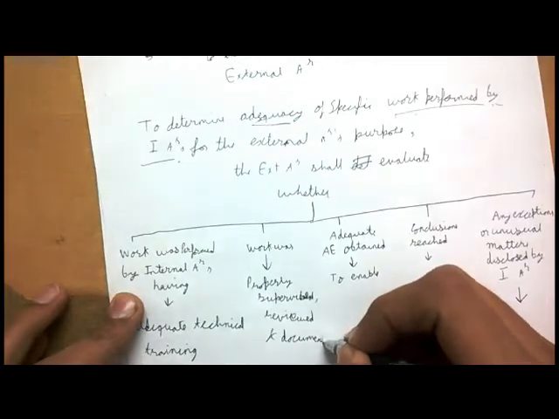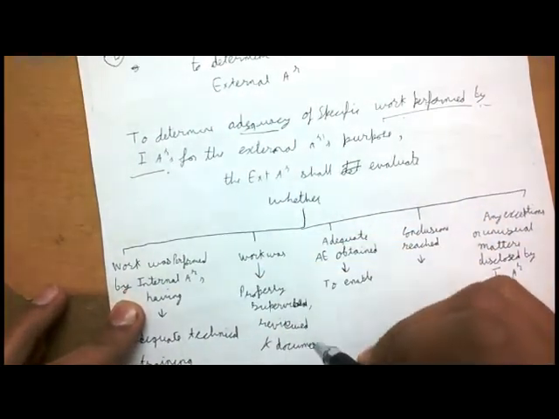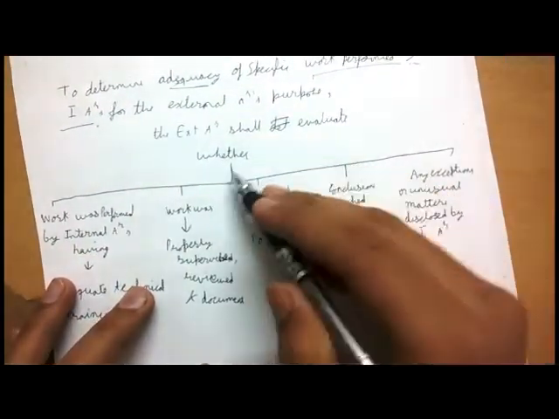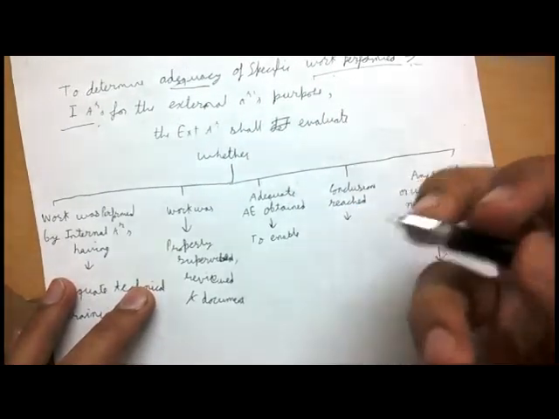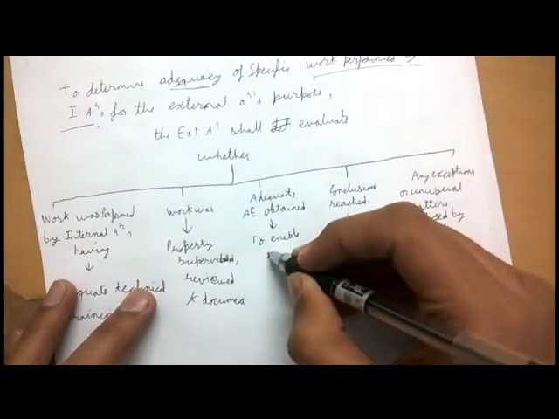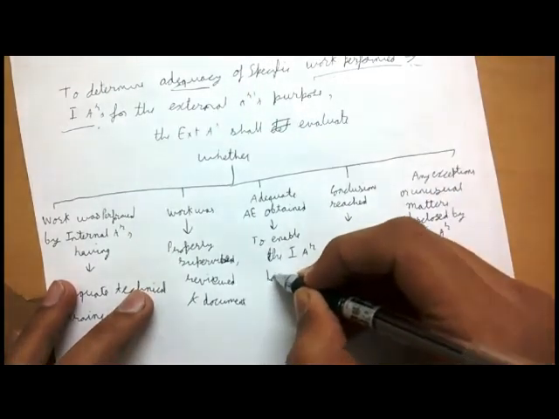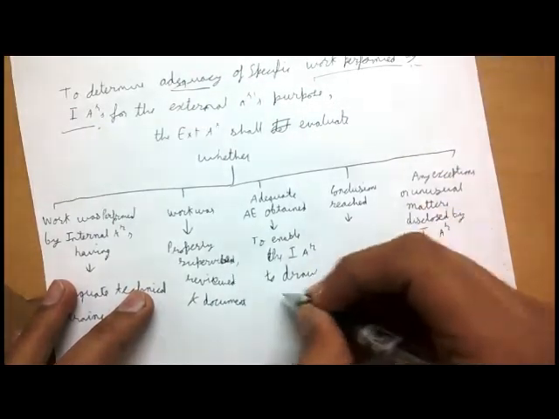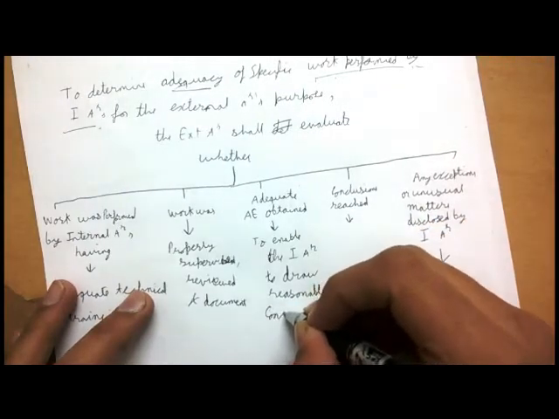We're going to see whether the work was properly supervised, reviewed and documented. Then, whether adequate audit evidence was obtained. Why are we doing this? To enable the internal auditor to draw reasonable conclusions.